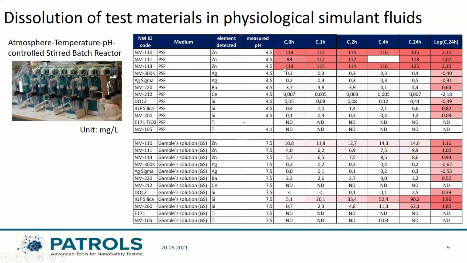Basically, everything dissolves almost instantly in faecal-lysosomal fluids. We see also that barium sulfide is dissolved to some extent. Low values are seen for most of the other materials, in particular for cerium oxides. For DQ12, we see some moderate values, but still a continuous dissolution, as just discussed before also.